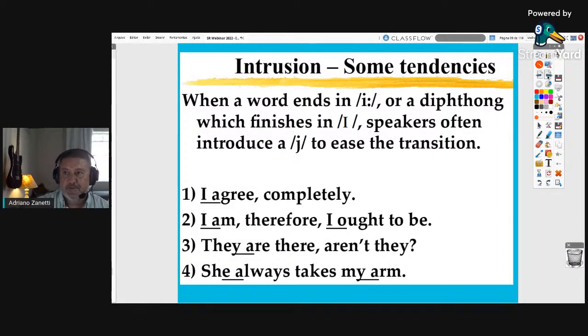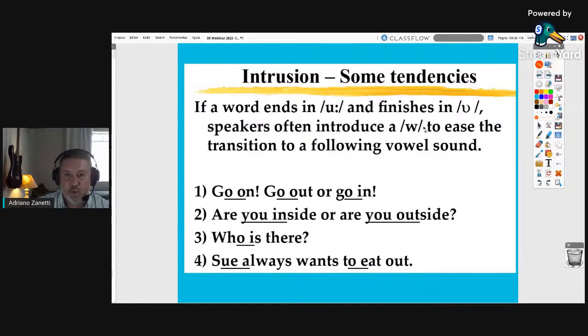The same thing goes with the w sound. Go on. Are you inside? Are you outside? There's a w intruded in there. So I don't think it's a huge problem. But this is a phenomenon which happens in the English language.